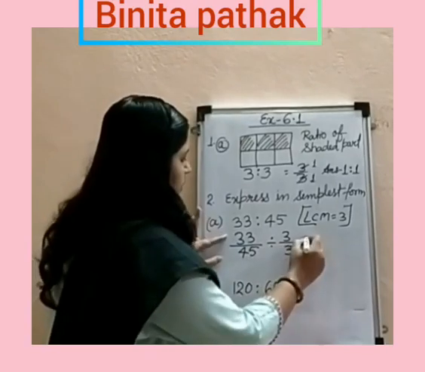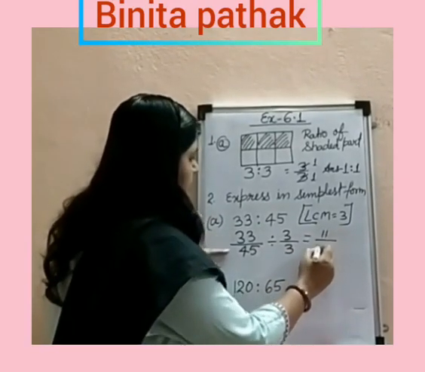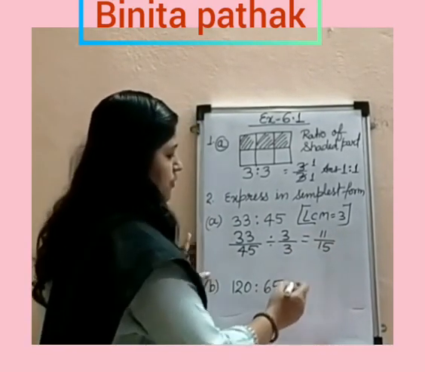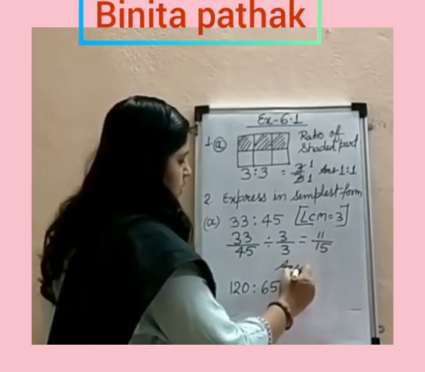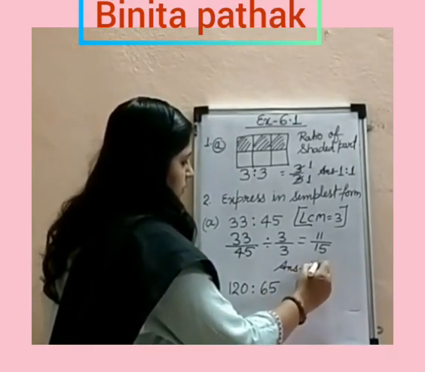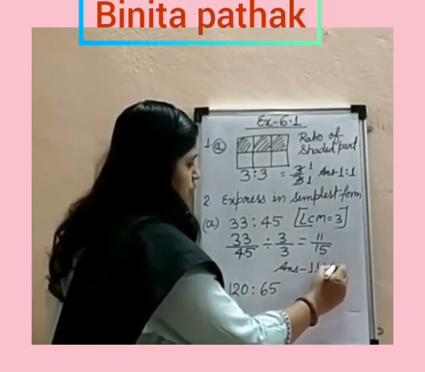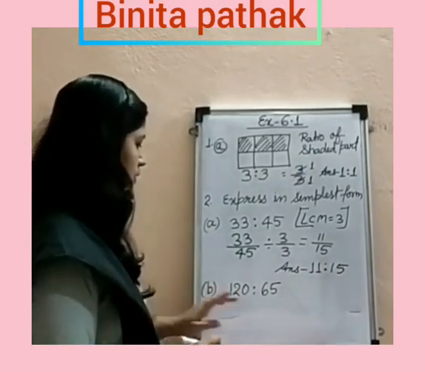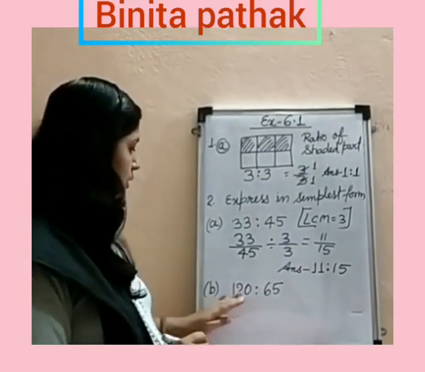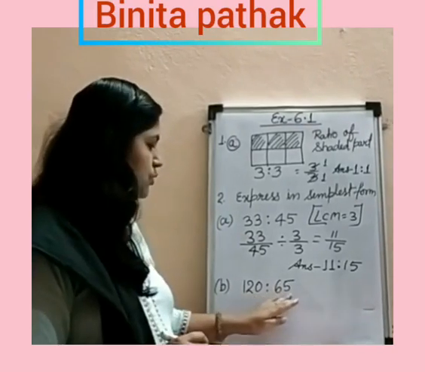Divided by 3, 11 3s are 33 and 15 3s are 45. So our answer is 11 is to 15.